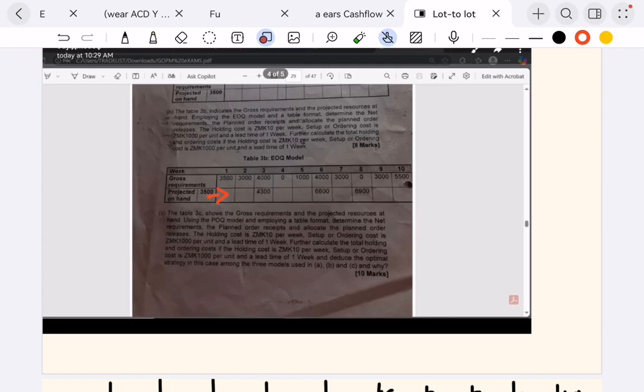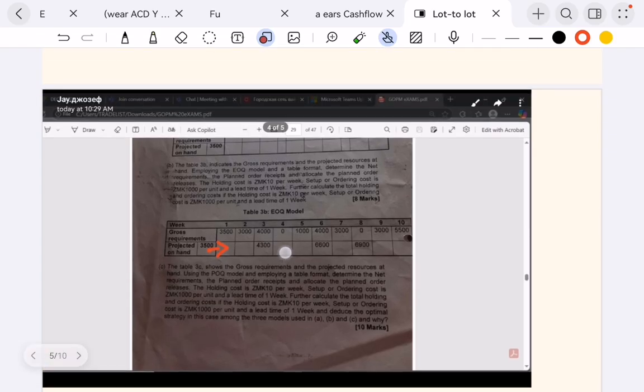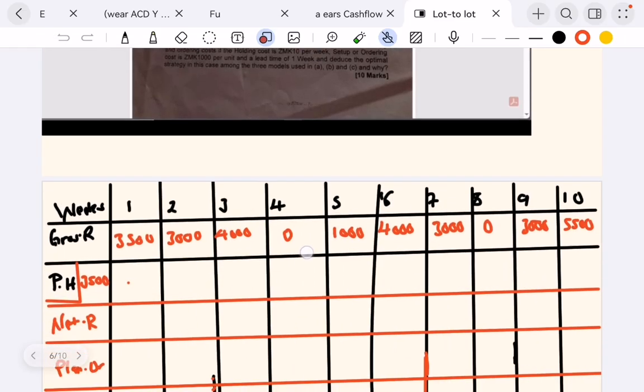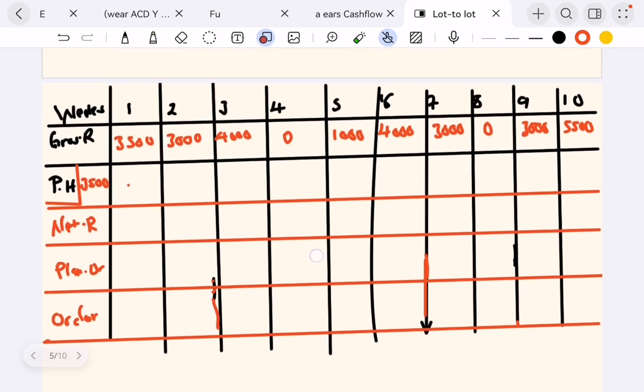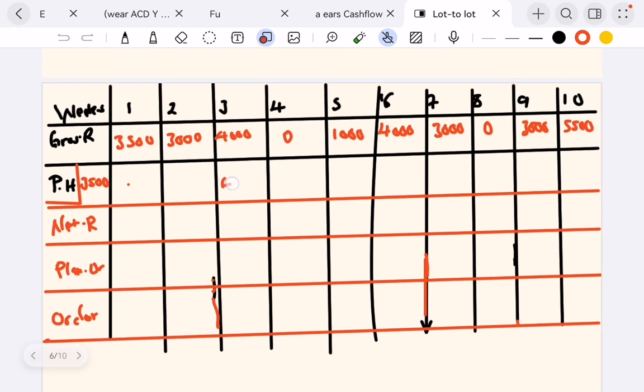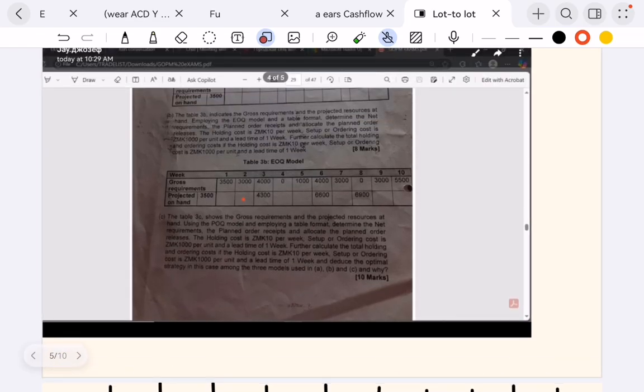Okay, this is for the economic order quantity. On the projected at hand, in week 1 there's nothing, week 2 there's nothing, week 3 there's 4,300. You've seen that. In week 6 there's 6,600.